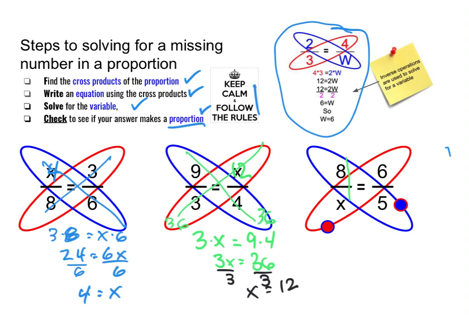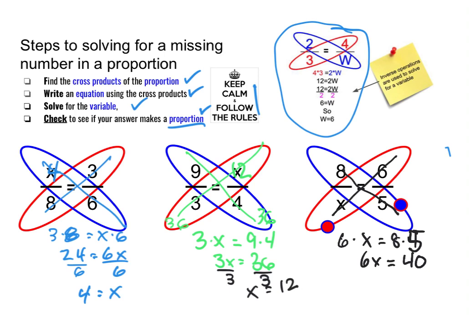In the last example here, keep calm. The answer is going to be a fraction or decimal number. Our first cross product would be 6 times x, which is equal to 8 times 5. Sorry about that. 6 times x is 6x is equal to 40.